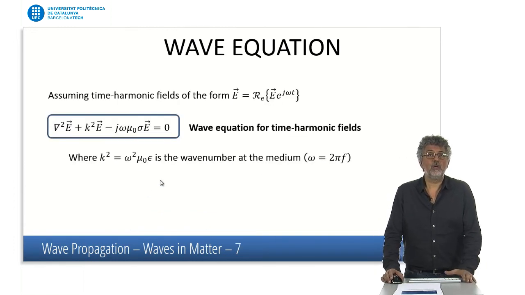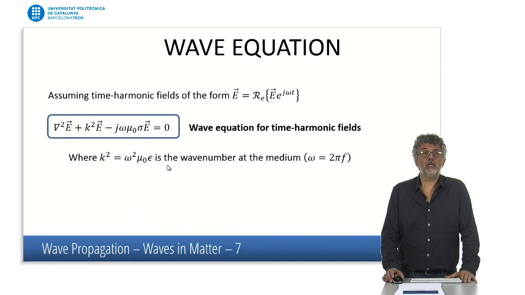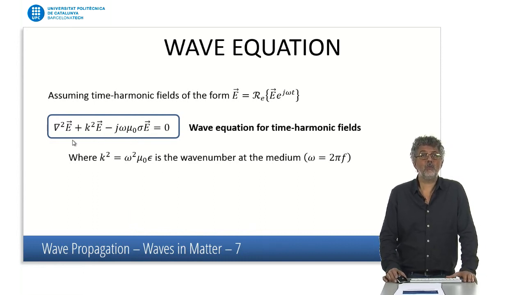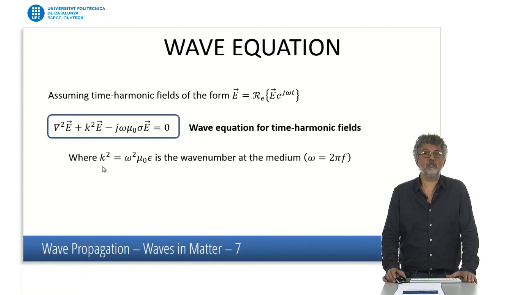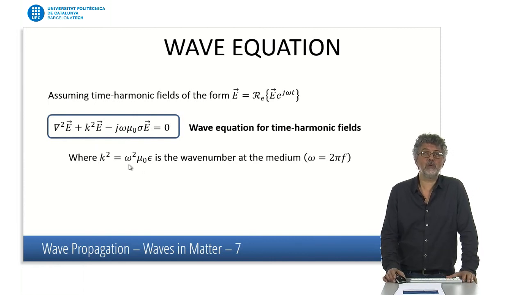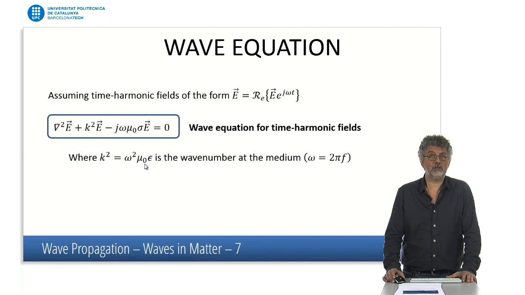If we assume a time harmonic field, then we can substitute the derivatives and we end up with this sort of relationship, where k is the wave number in the medium, and k square is omega square mu 0 epsilon.